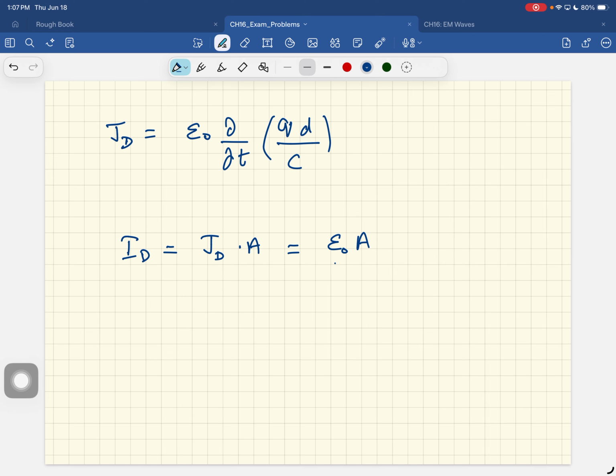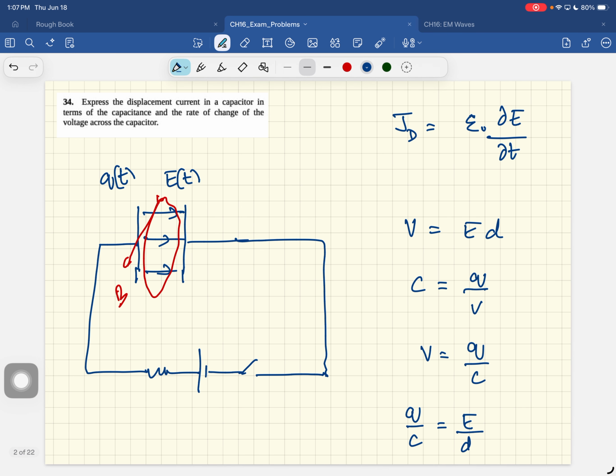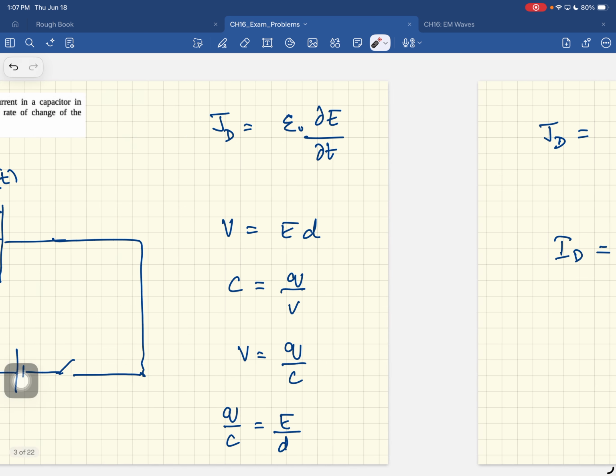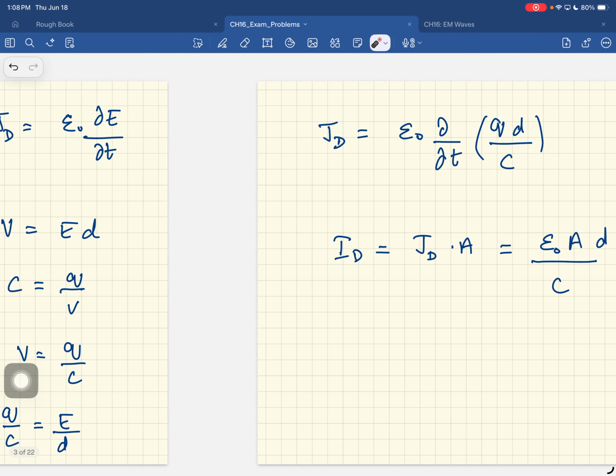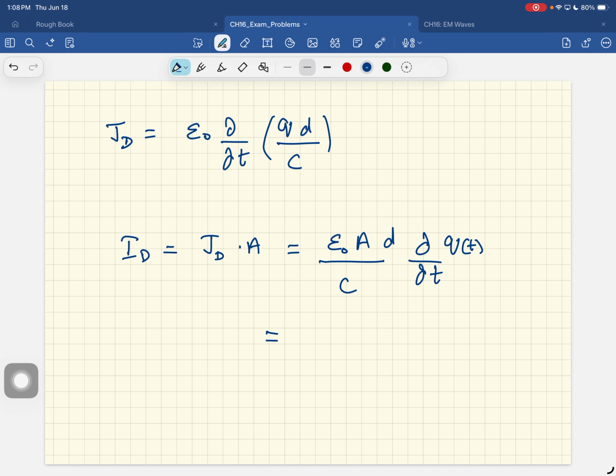So the displacement current: epsilon naught is 8.85 times 10 to the minus 12, units are coulomb squared per newton meter squared. Area is 0.2 meters squared. D is 1 centimeter, 10 to the minus 2 meters. And del V by del T is 10 to the 7 volts per second.